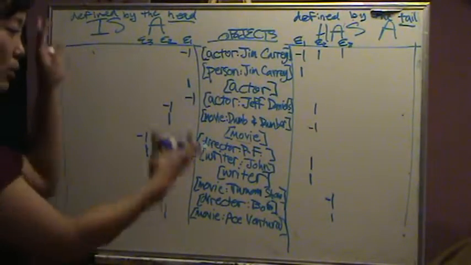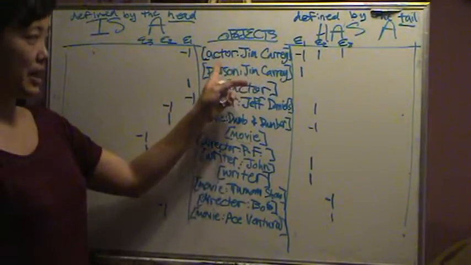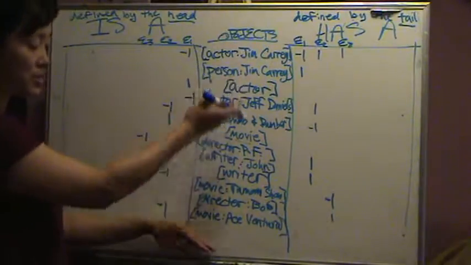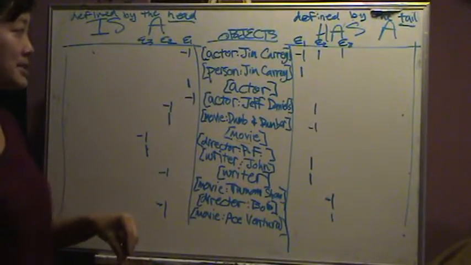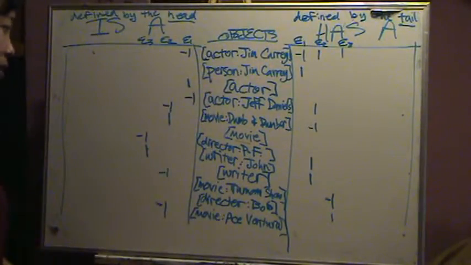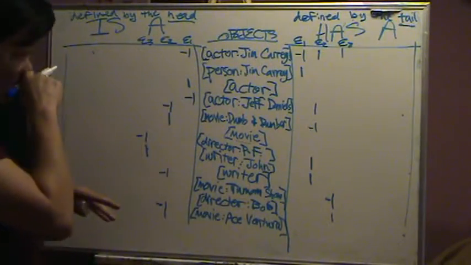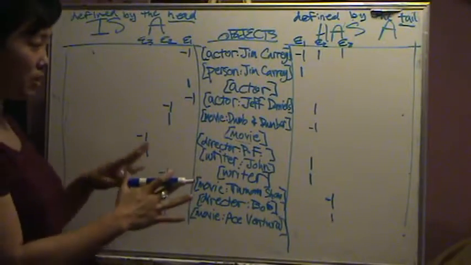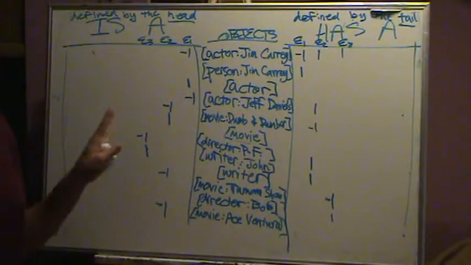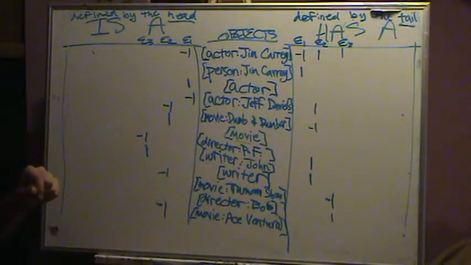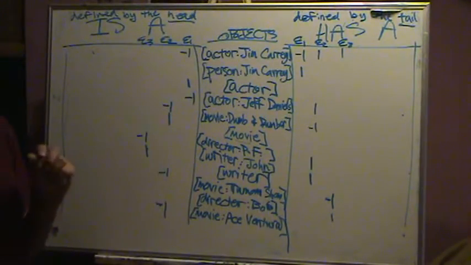Now, we could go on and on with this. There could be properties of Jim Carrey. We could put that he's got an office address, the person has the home address, the actor has famous traits, the person might have an eye color, there could be a producer to the movies, they can have different actors. So even in that small realm of actors and movies, these matrices will be huge, especially since I propose a knowledge base where there is no domain.